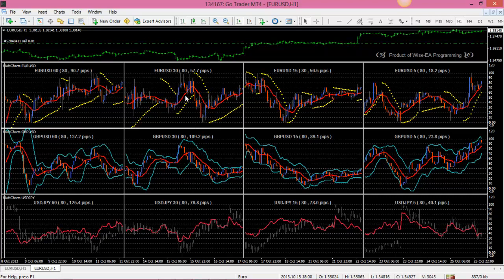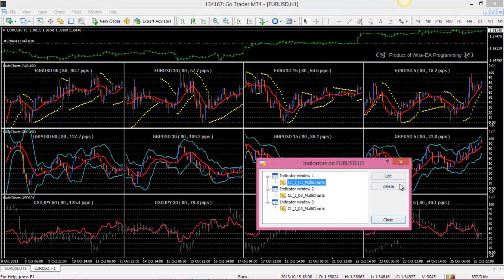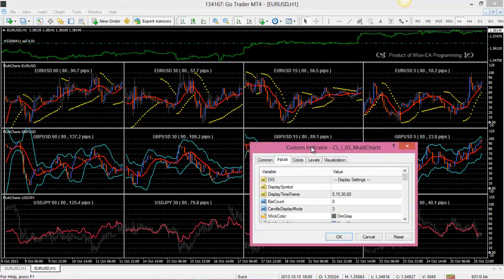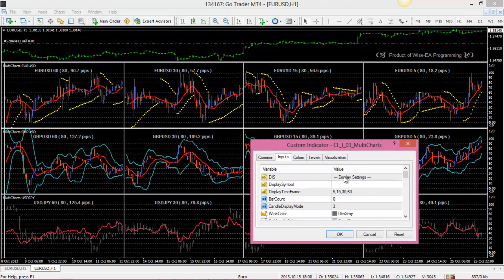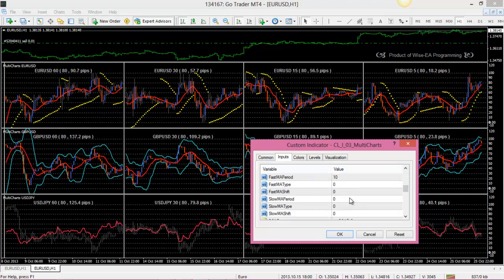So now let's take a look at what you can set for this indicator. This is the MultiCharts external inputs. We have 2 major settings. One is display settings, and the next is our indicator settings.